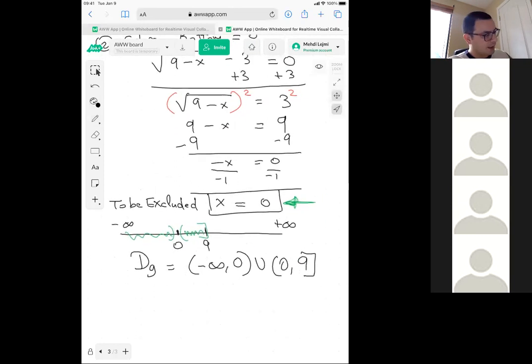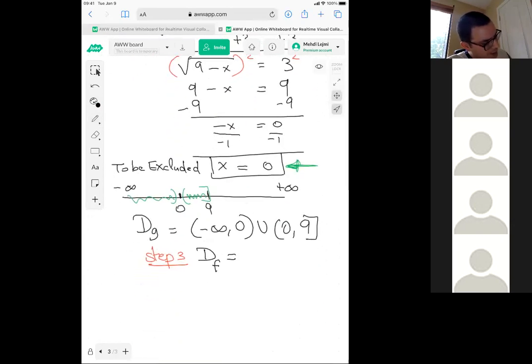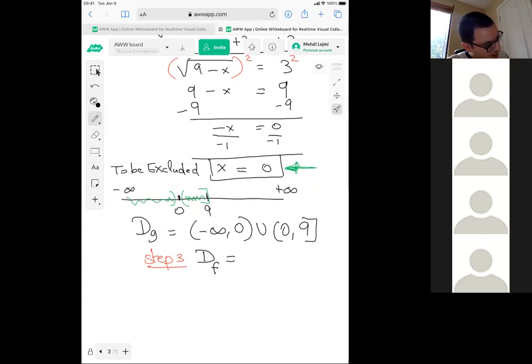Now, you can move to the last step. So step 3, we're going to find the intersection domain. So let me just write down the domain of f. So domain of f is -1, positive infinity, right?